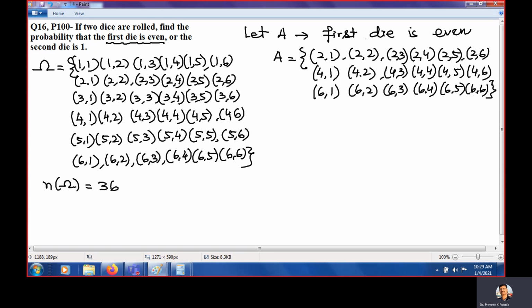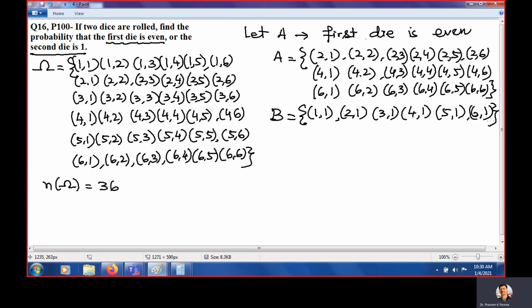So first die is even. Now what is B? B is the event that the second die is 1. When is second die 1? It is 11, 21, 31, 41, 51, and 61. Only these are the possibilities when second die is 1.